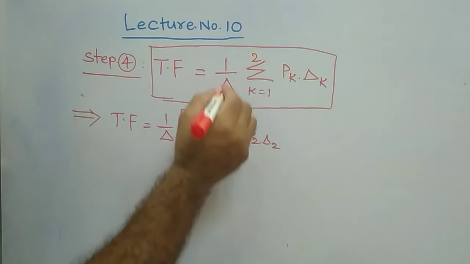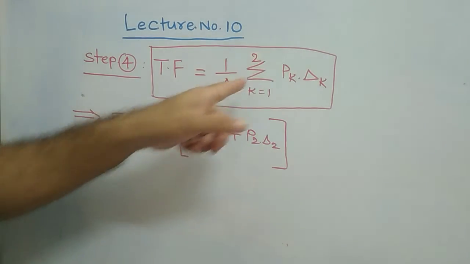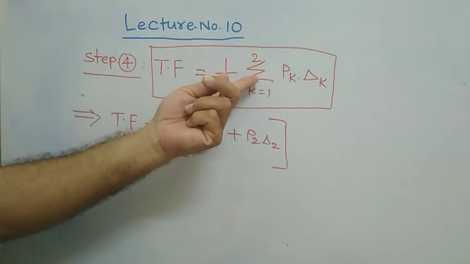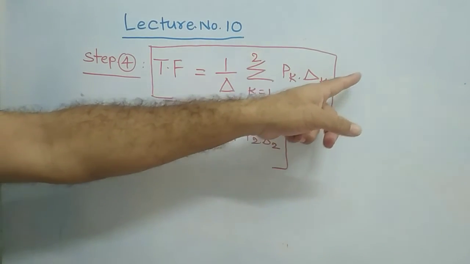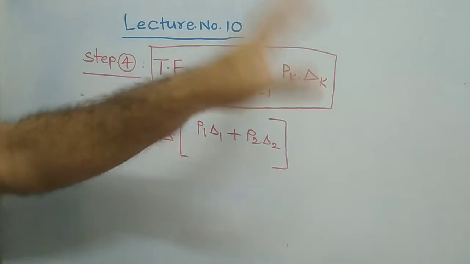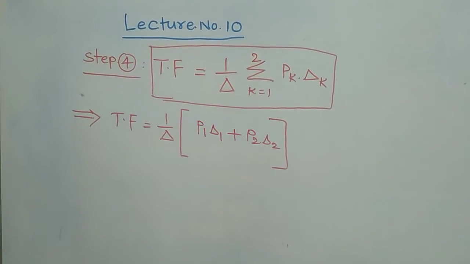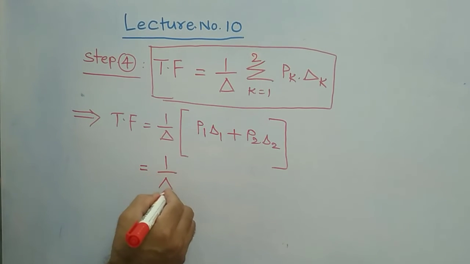Summation is nothing but the sum, so it is expanded like this: P1 delta 1 plus P2 delta 2 plus P3 delta 3 if 3 are there, likewise.